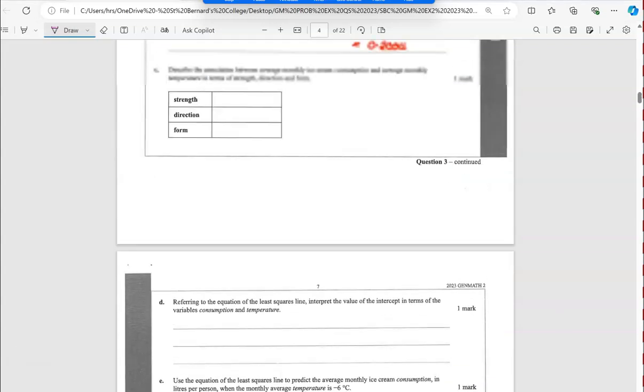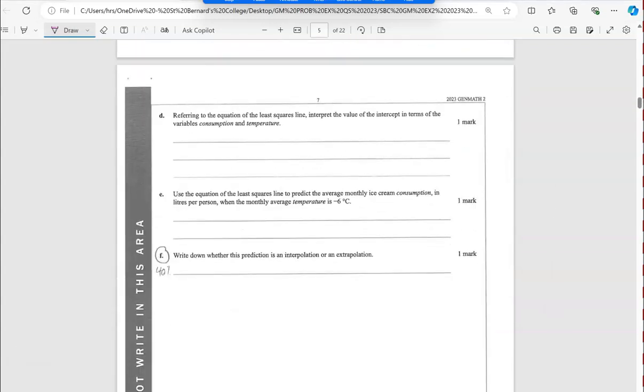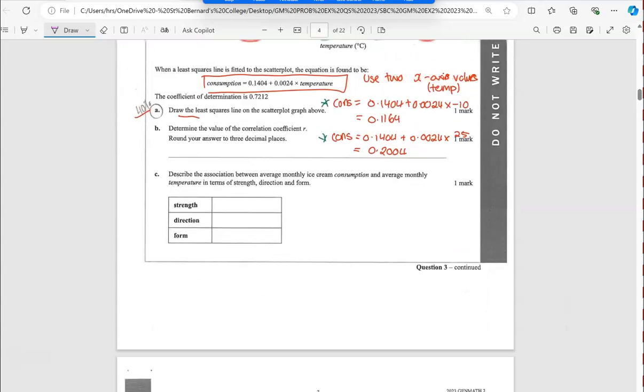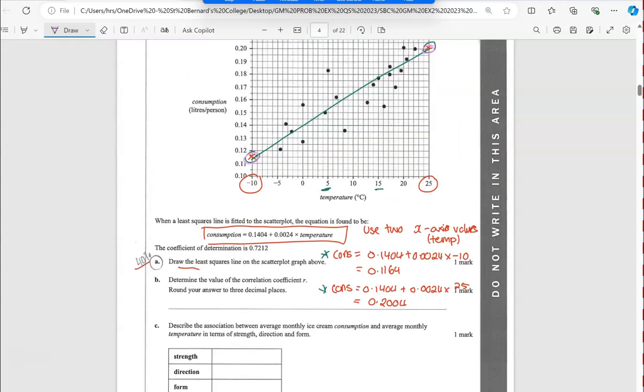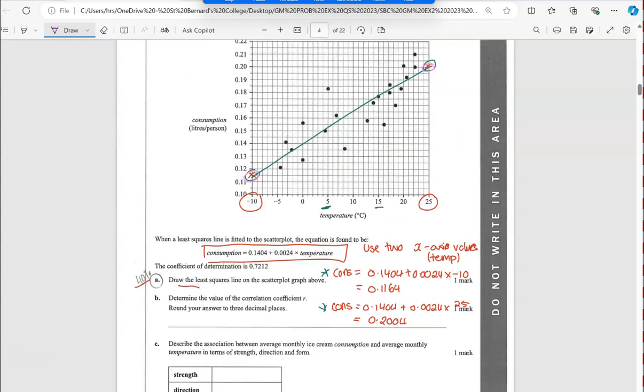Okay, so the next one that was poorly done was this F, where you had to predict a temperature of -6 and say whether it was extrapolation or interpolation. So going back to here, this is where you have to look.